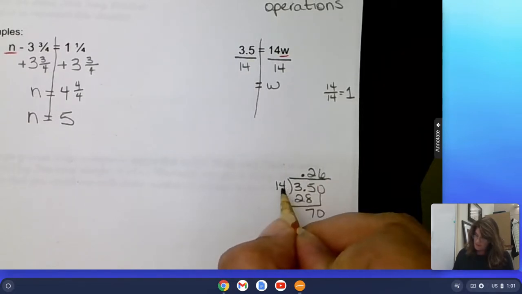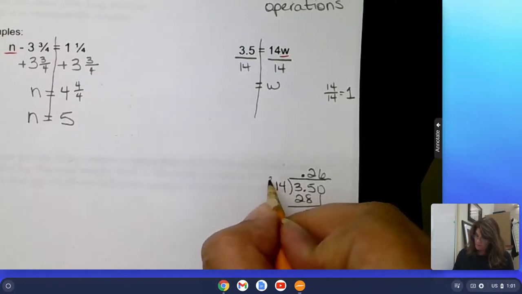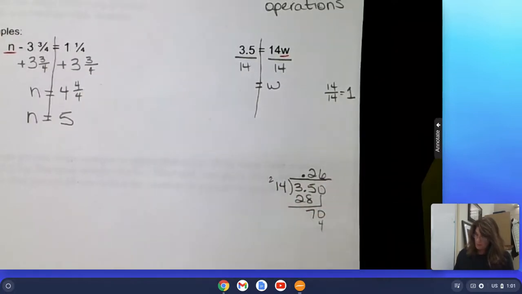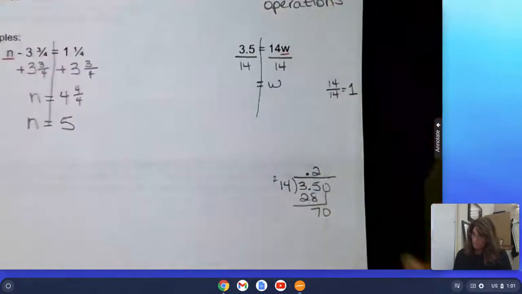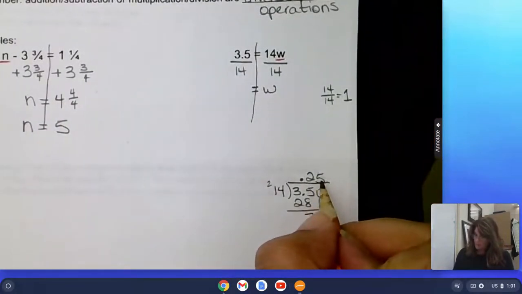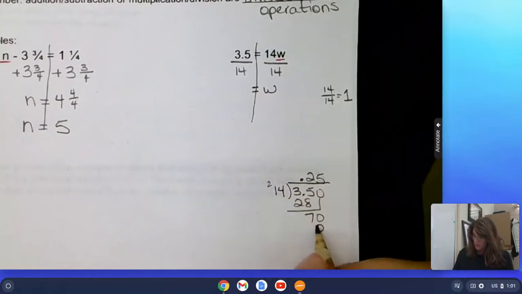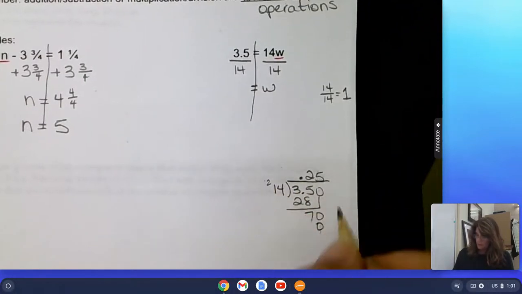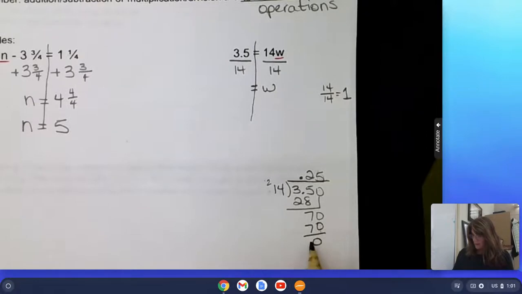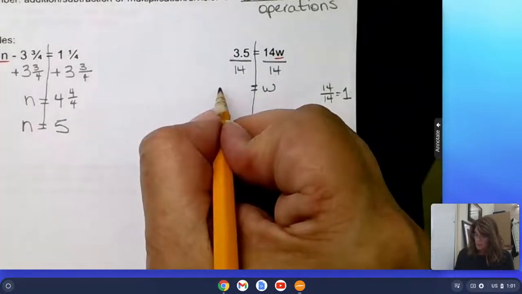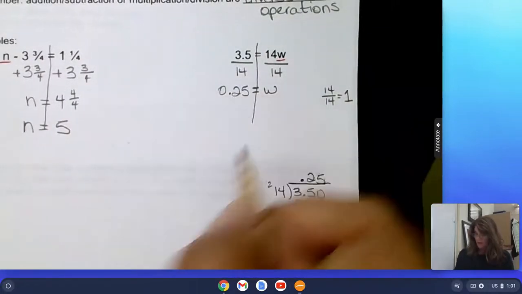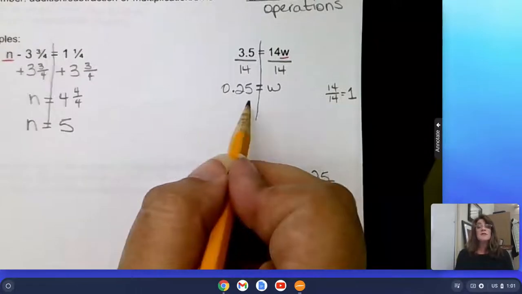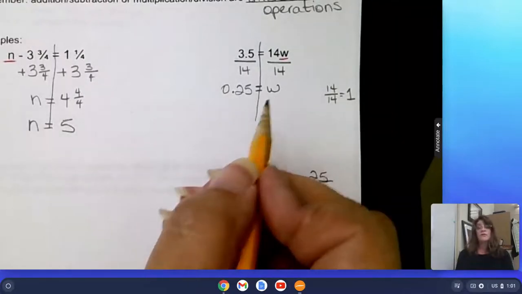Try 6. That's 24. Nope, too big. So let's try 5. Okay, purposely showing that this is the way you would do it as well. And nice quality division problem. So the value is 0.25. W is valued at 0.25.